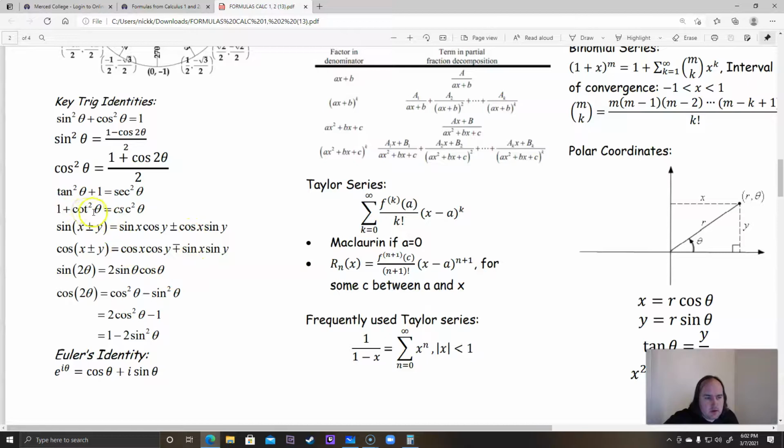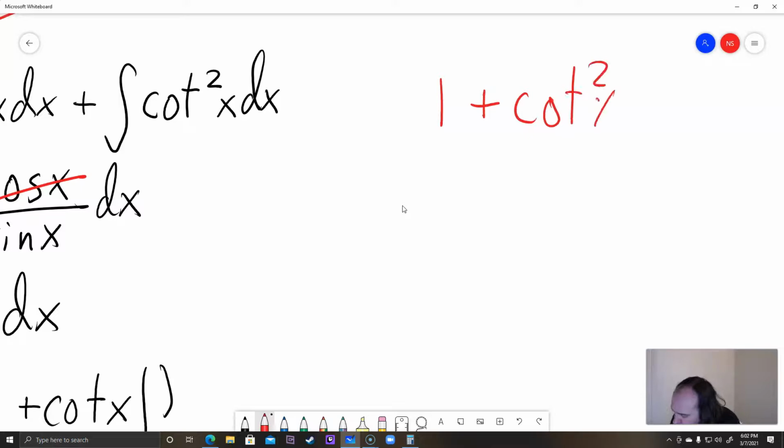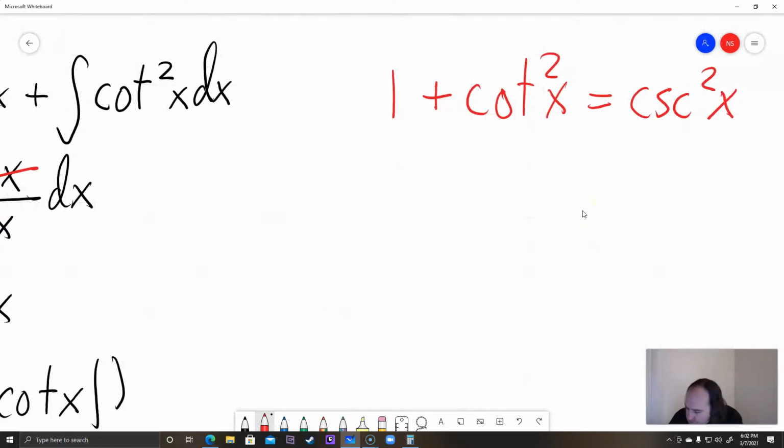It says that 1 plus cotangent squared of theta equals cosecant squared of theta. So we can copy that down: 1 plus cotangent squared of x equals cosecant squared of x. That's from the formula sheet.